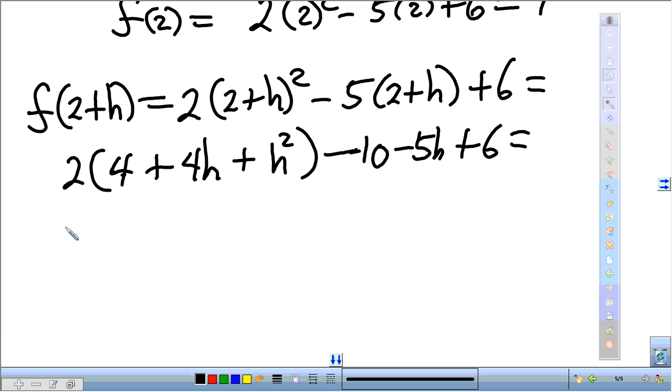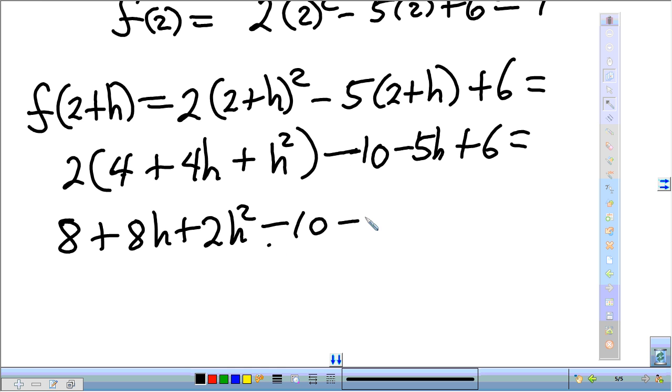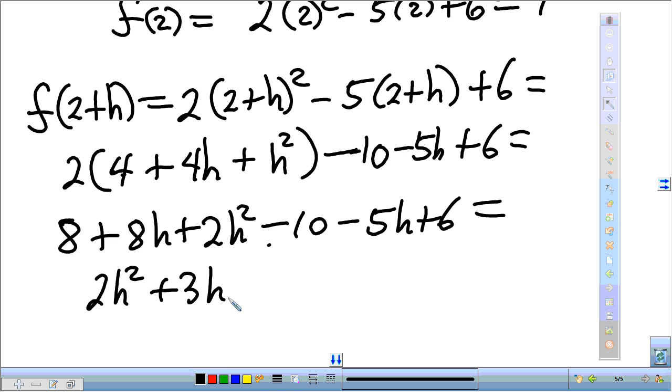And finally here I'll multiply and distribute the 2, getting 8 plus 8h plus 2h squared, and then the rest of these terms, minus 10, minus 5h plus 6. And so, combining like terms, 2h squared, we have 3h, and then we have plus 4.